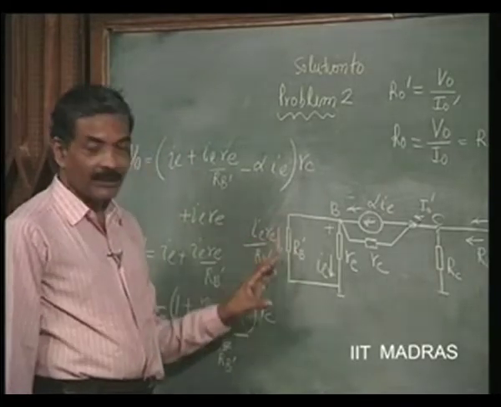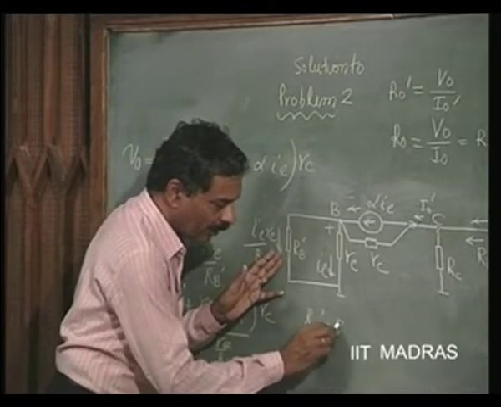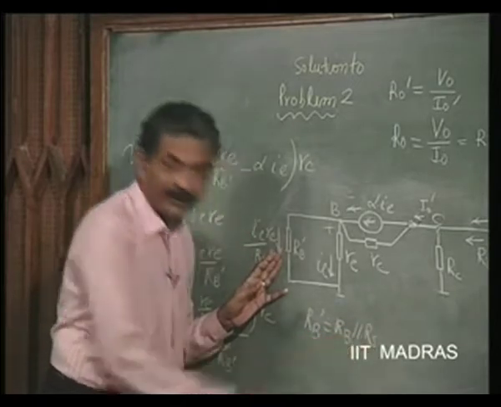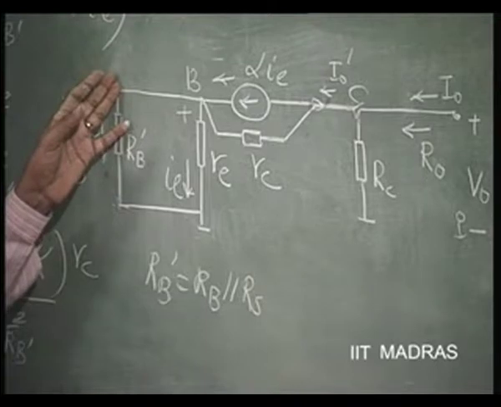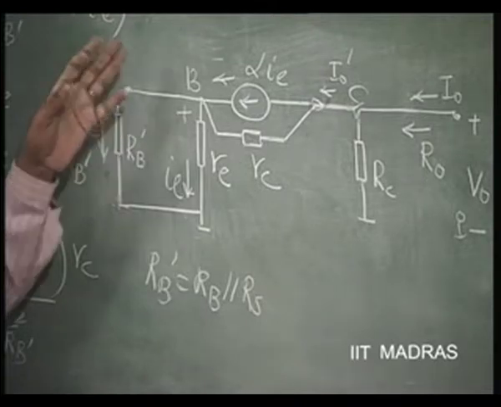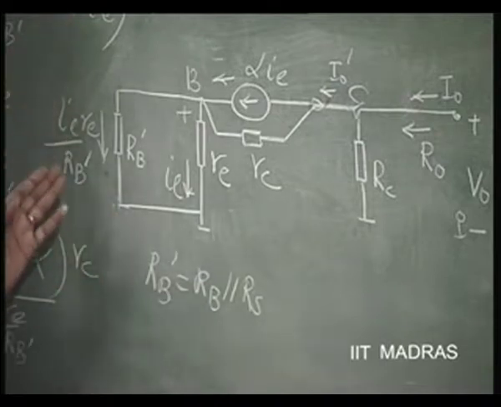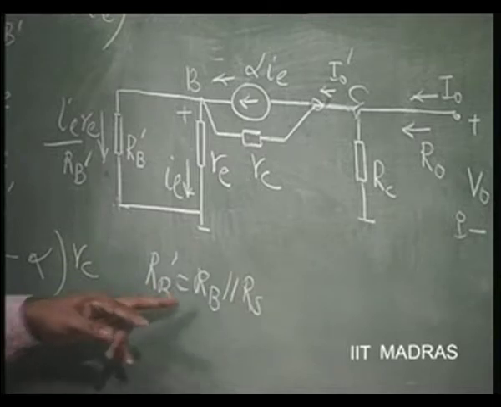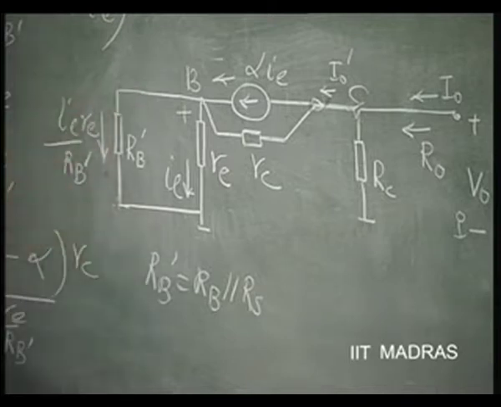Now, this RB dash is nothing but RB parallel RS, because the base is connected through a DC resistance of RB to ground. Further, the source resistance also is coming to ground from the base. So, the parallel combination of RB and RS will be RB dash, the effective base resistance to ground.